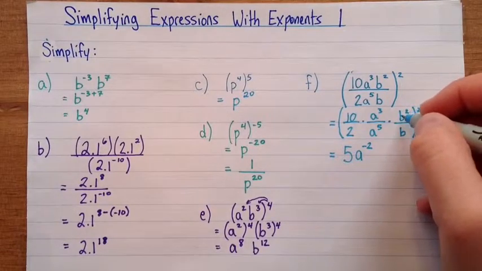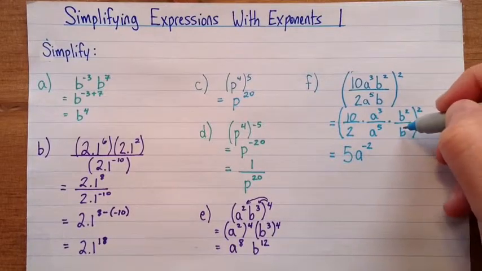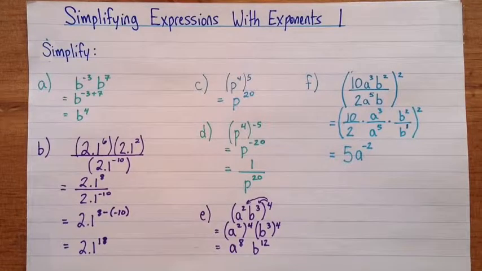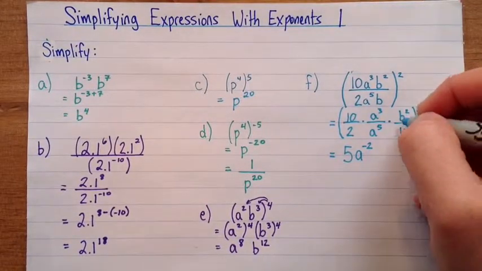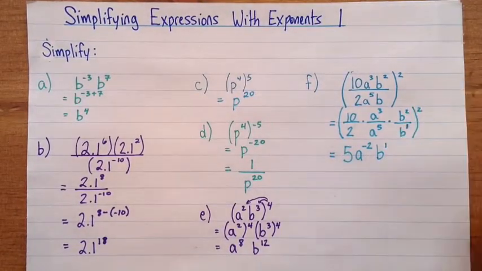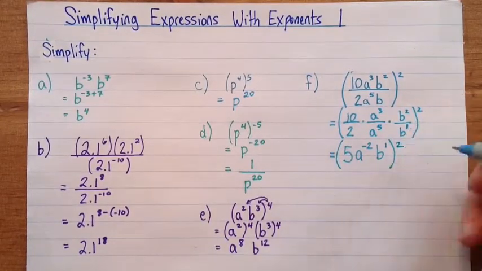Now for the b's, same thing, a quotient of powers, so we subtract the exponents. But remember, b to no exponent is the same as b to the exponent 1. It's not b to the 0, because b to the 0 is 1. So we get b to the 2 minus 1, which is 1. And then remember that all of that is still squared.